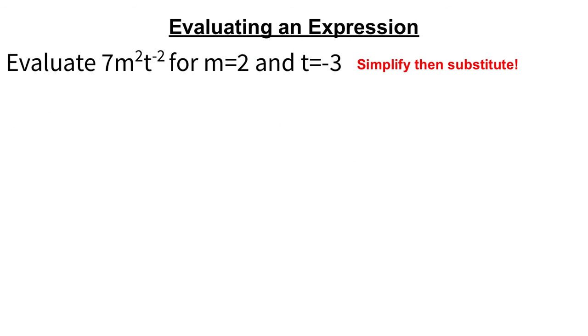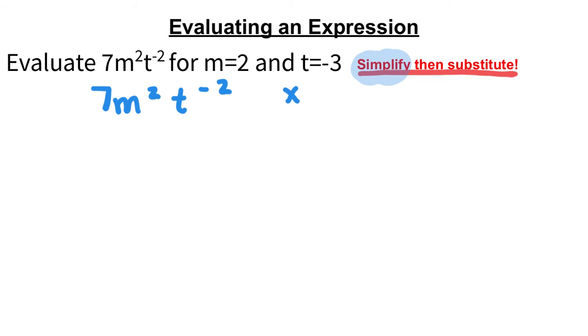In our last few examples, we are going to be evaluating an expression. So we are going to simplify and then substitute. The first thing we want to do is simplify the expression. So I have 7m squared t to the negative 2. And we remember that we're looking for negative and 0 exponents.